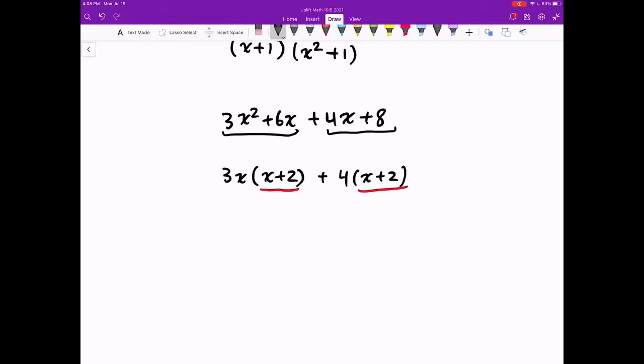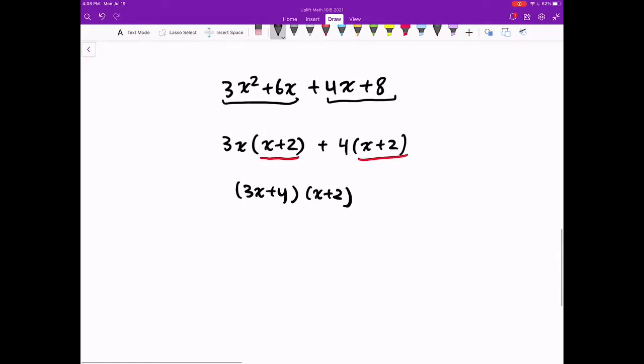Now these two are like terms, so we can add them together, and we get 3x plus 4 times x plus 2. So the coefficients of these go here, and then this factor goes here.